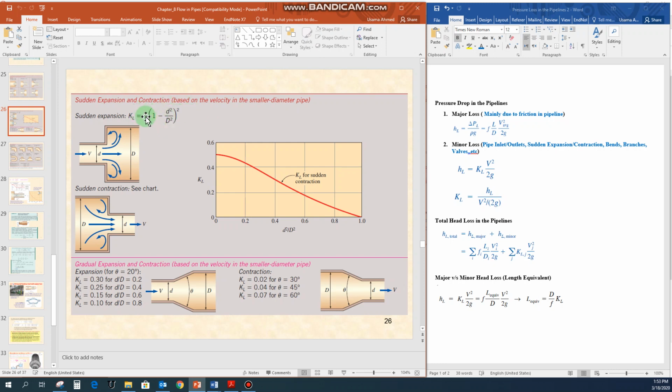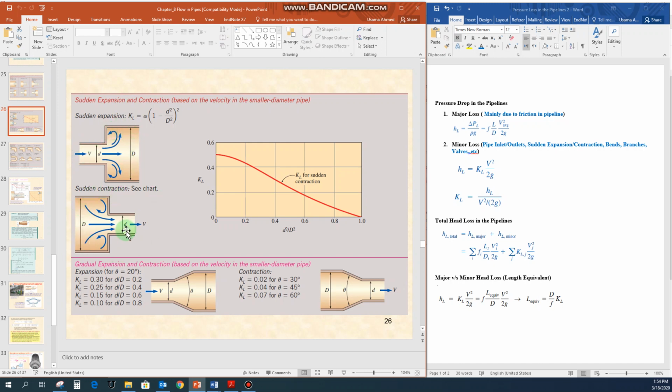For the alpha value, you have to see whether you are dealing with laminar or turbulent flow. In most practical situations in industry, the flow will be turbulent, because it will destroy the streamlines of the flow. So the value for alpha will be 1.05, and this ratio you can calculate. So you can get the value for the KL from this equation for sudden expansion situations when one pipeline is connected with another pipeline.